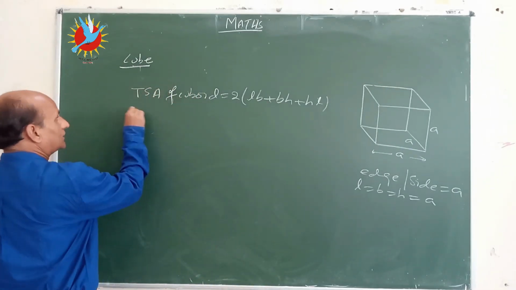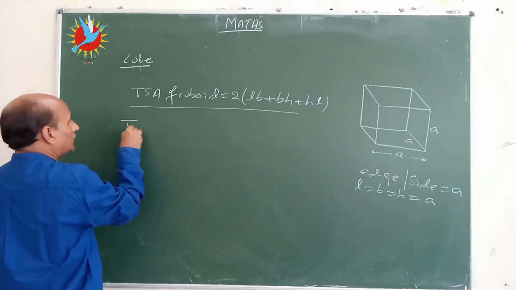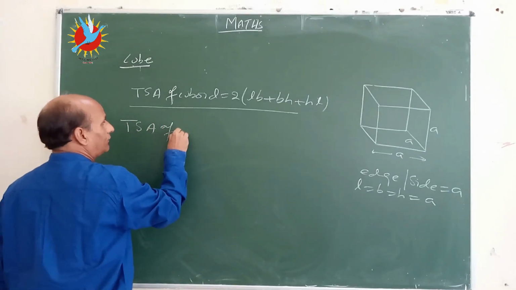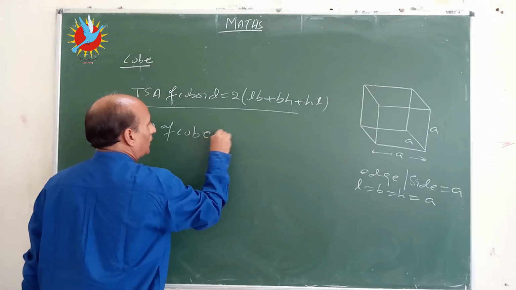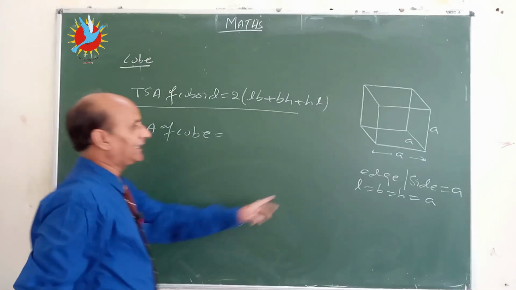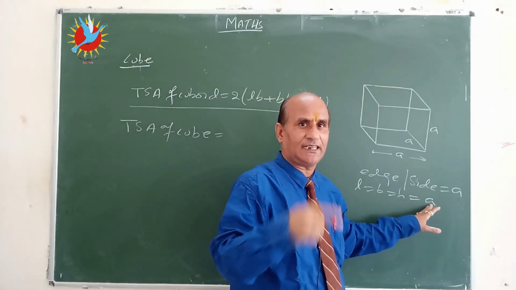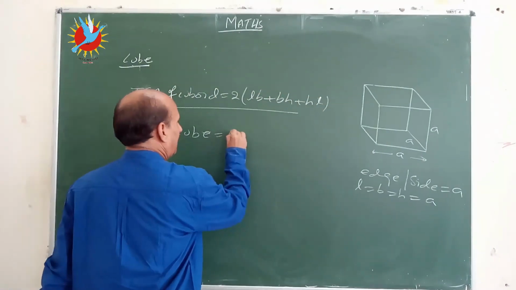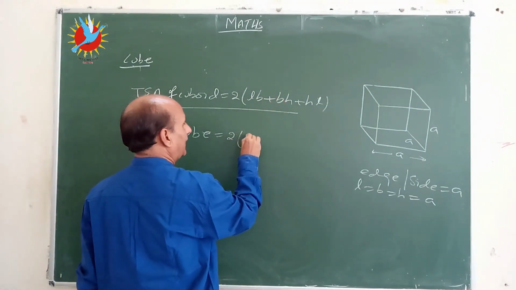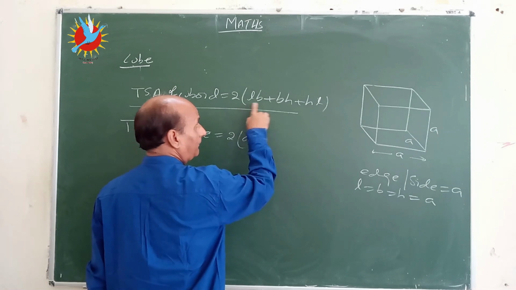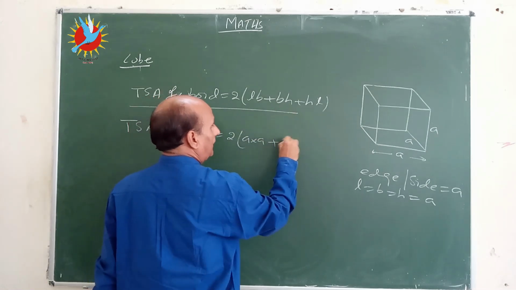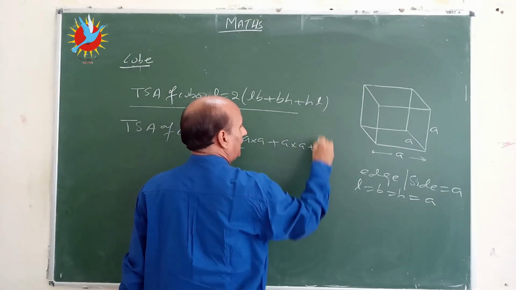Then you will get the total surface area of the cube: A multiplied by A, multiplied by A.